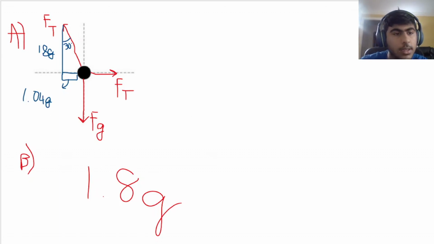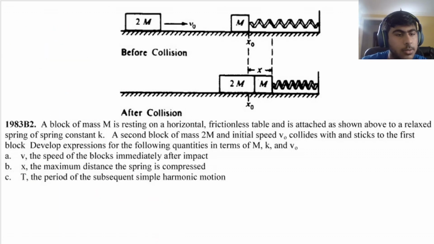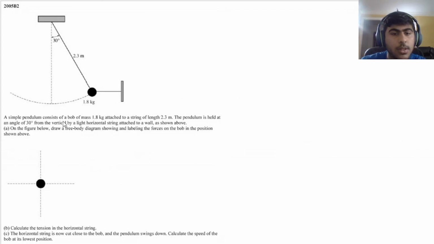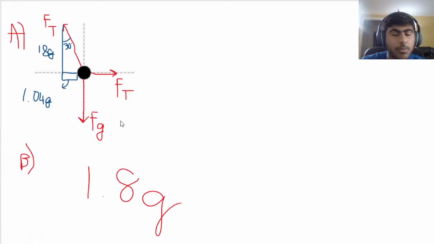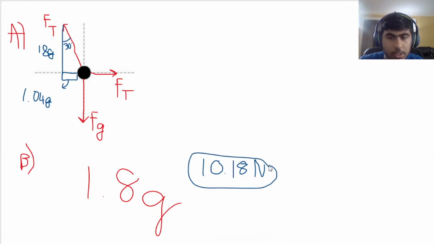Whoops, that's the wrong one. This one. That is going to be the tension force, 1.04 g. 1.04 times 9.8 is going to end up being 10.18 newtons, and that is part B.